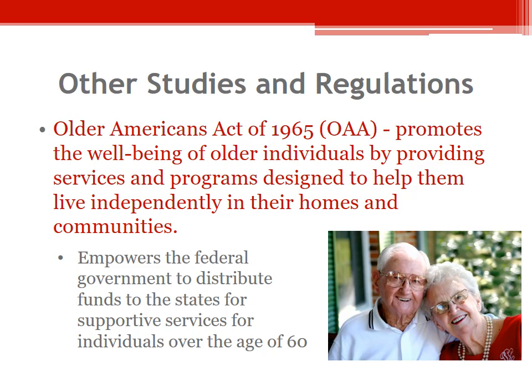It also empowered the federal government to distribute funds and grants to the states for supportive services for individuals over the age of 60, again with the goal of helping people live independently in their homes and communities, assisting with transitions to long-term care facilities when that's necessary, and just otherwise trying to improve the quality of life during a time when, if there's no support, quality of life can go badly very quickly.